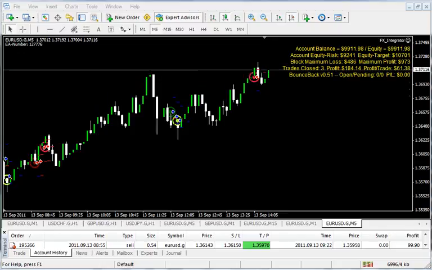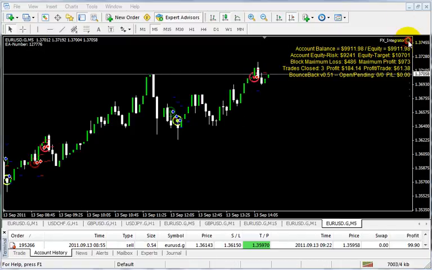Then it's up to the integrator to take over and to manage that trade closely to reduce the risk at all times, and also to help gain the profits that it should gain. So let's just have a quick look at the integrator here. It's up and running today.